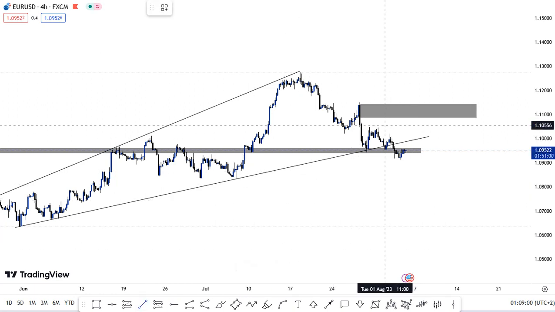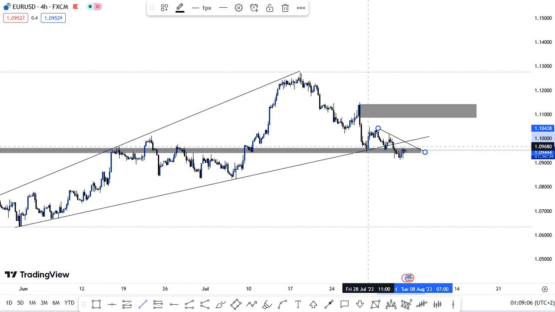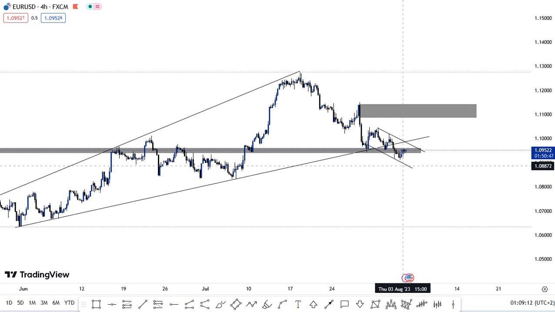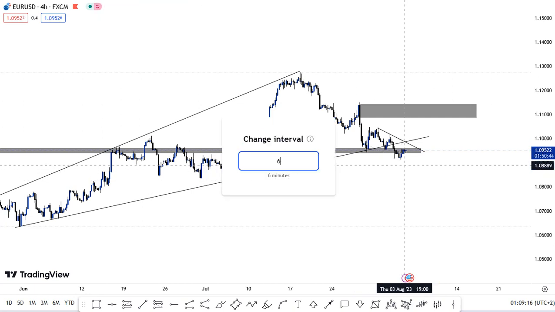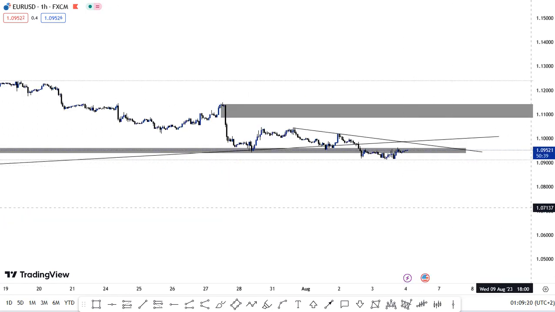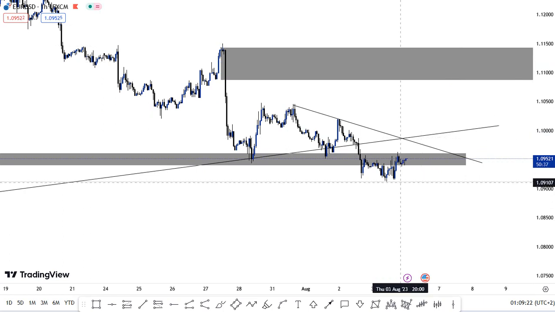We can be having something again like this here. So there are low chances of breaking this thing here. But then let me go to the 60 minutes time frame and see.